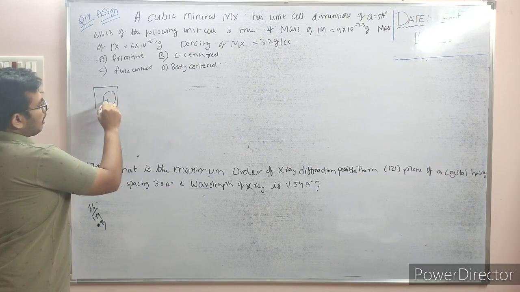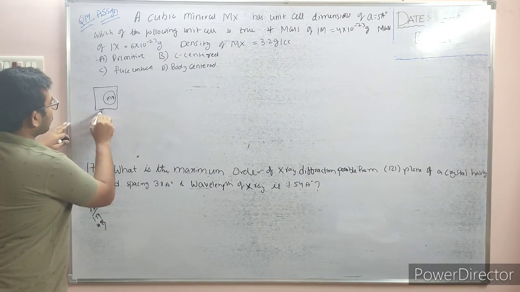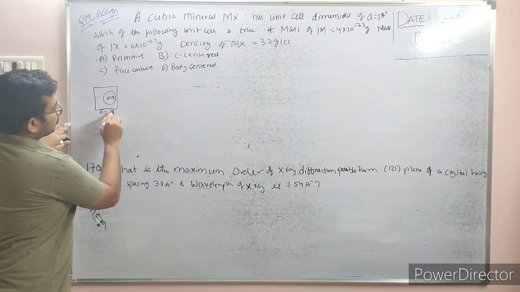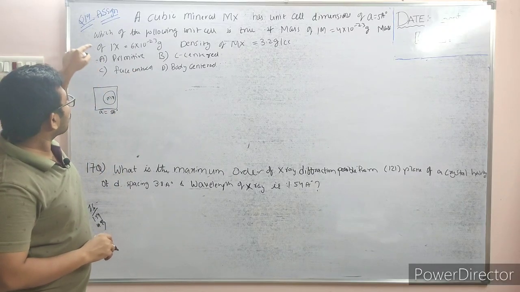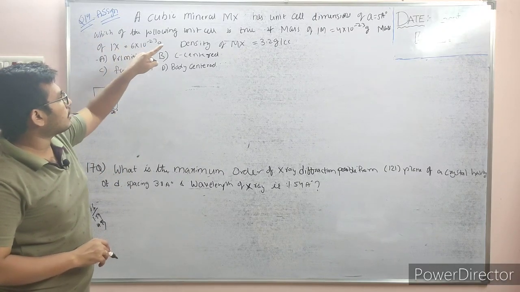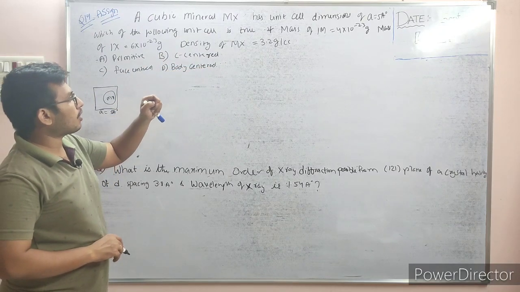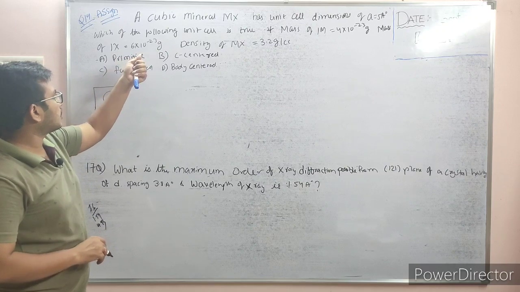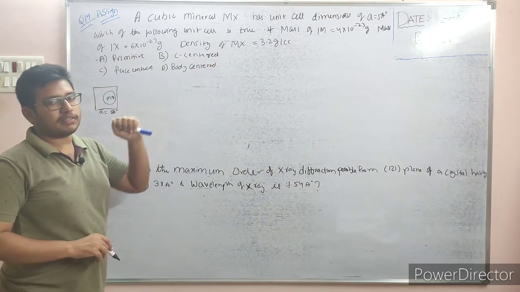Mx is combined to form the atom. And this has the edge length of 5 angstrom units. That it is saying. Now they are asking which of the following unit cell is true if mass of M is 4 into 10 to the power of minus 23 grams and mass of X is 6 into 10 to the power of minus 23 grams and density of Mx is 3.2 gram per cc.